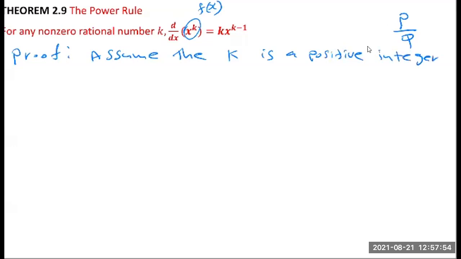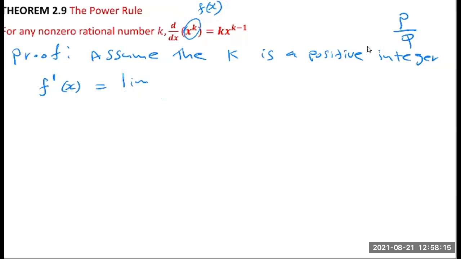Then I'm going to use the definition of the derivative to find the derivative. So I take my function to be f of x. By definition, my f prime of x is going to be the limit as h approaches 0.